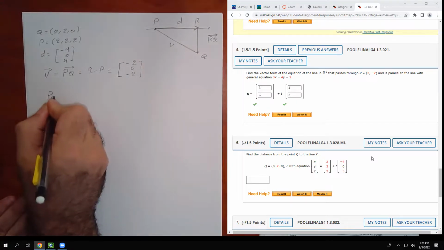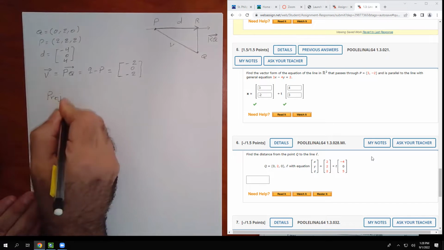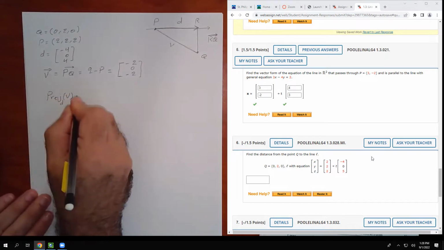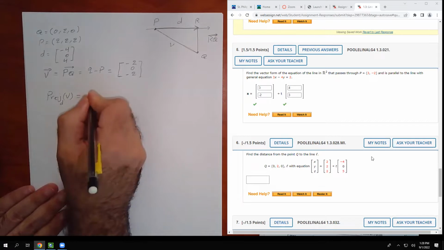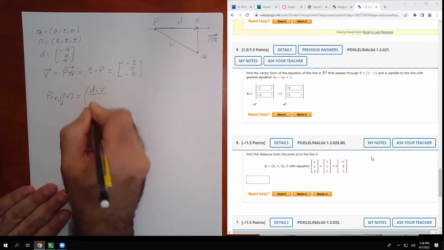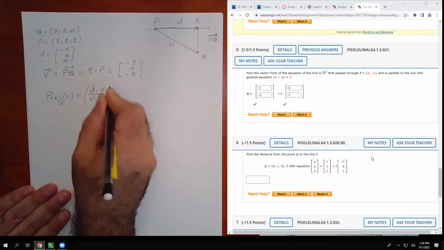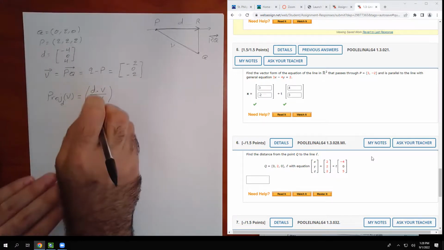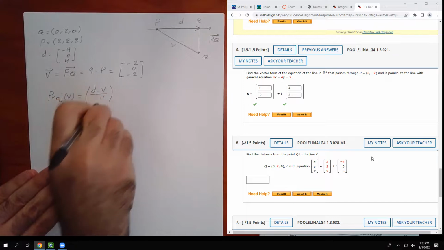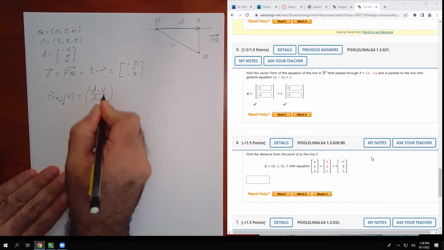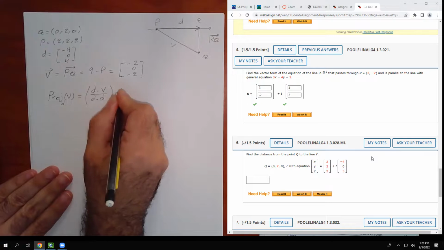So the projection of the vector V onto the direction vector D is going to be the dot product between D and V over D dot D, times the vector D. I'm just using the projection rule.